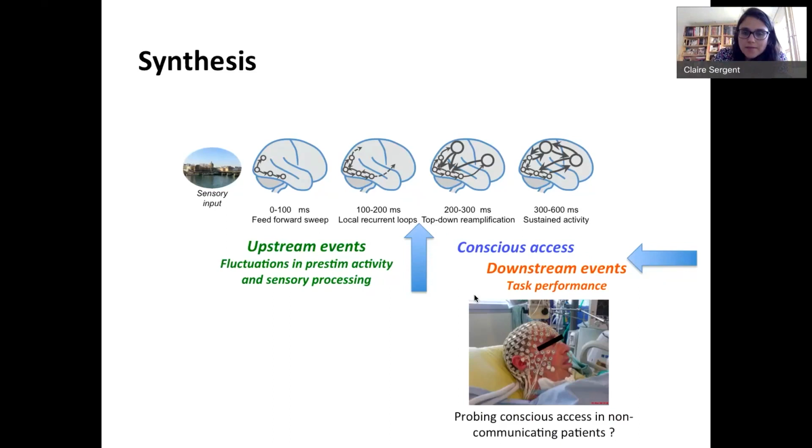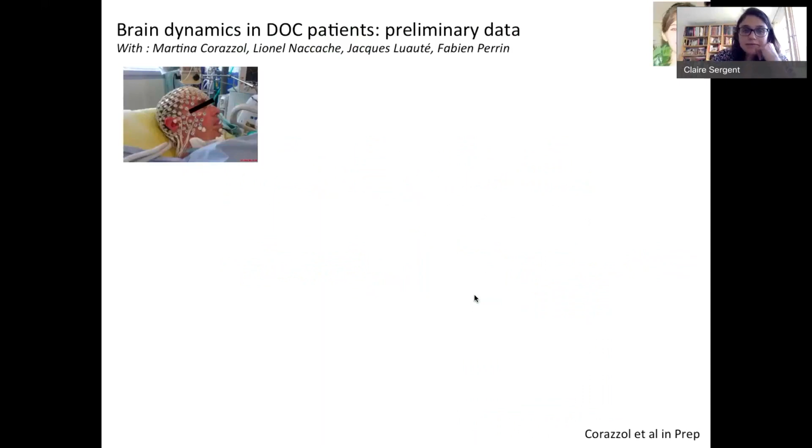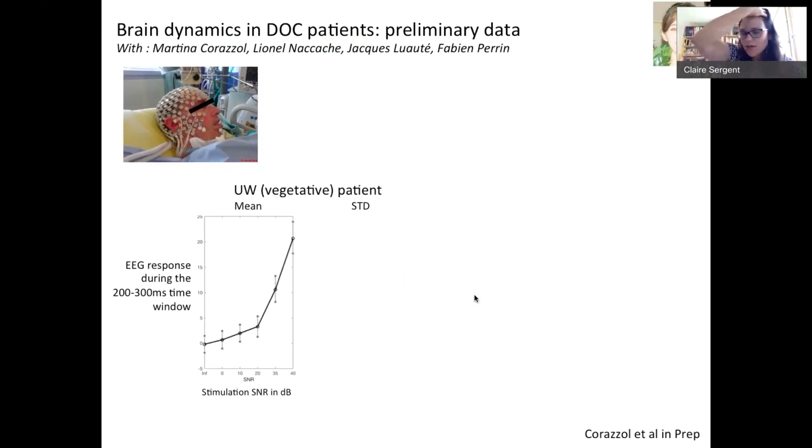So can we probe conscious access in non-communicating patients using this? Well, that's what we are trying to do. So we have very, very preliminary data. So that's just 1 minute just to show you this, and I'd like to discuss with you these results or this approach. Here is what we obtain in a vegetative patient in a similar protocol.